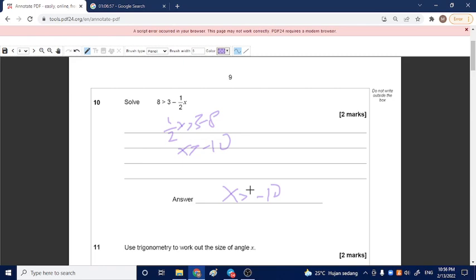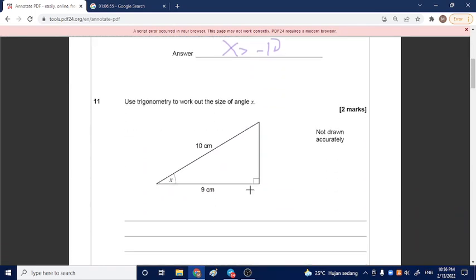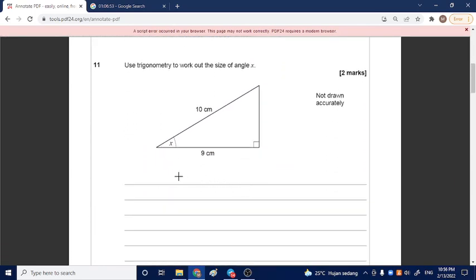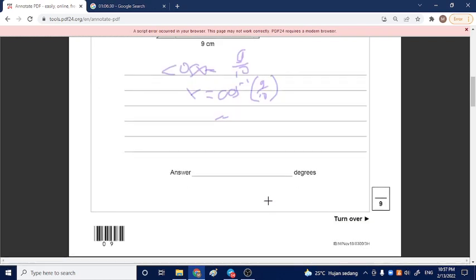Alright. Trigonometry, that means cos x is 9 over 10, since it's adjacent over hypotenuse. x is the inverse cos of 9 over 10, which if we plug into the calculator, that will give us... oh, they want degrees, right?